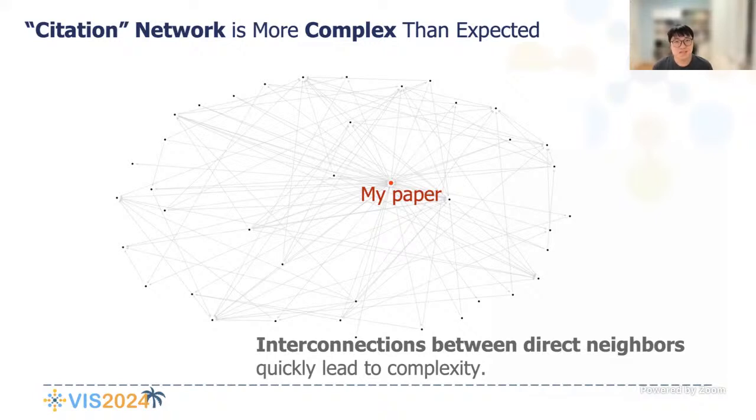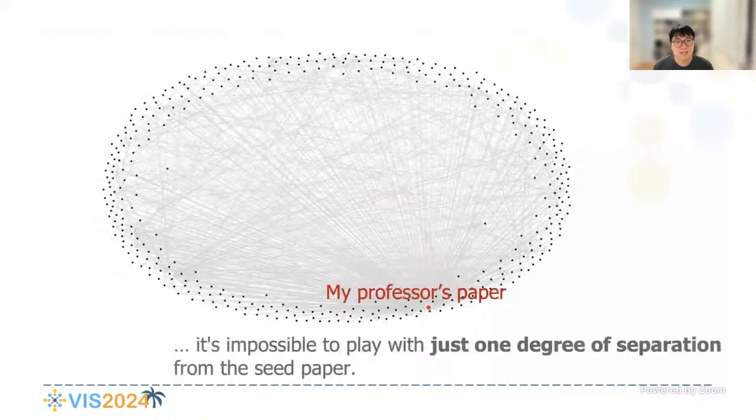But this is the case for my paper. And if I put my professor's paper instead, it becomes practically impossible to understand. Remember, this only shows the one seed paper and its direct neighbors. So regarding citation networks, it is even challenging to play with 1 degree of separation from the seed paper.